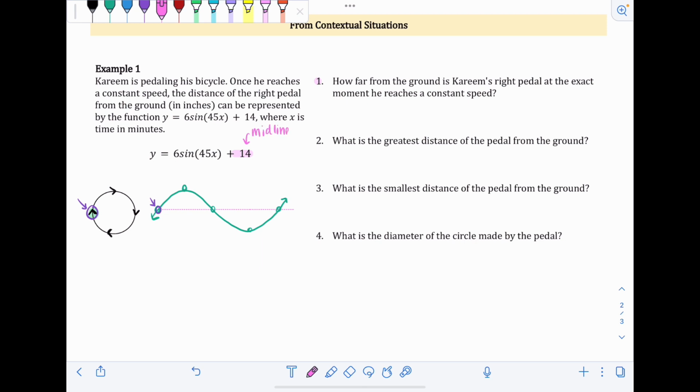Since there's a plus 14 there, this would be y equals 14. And it means that the point that's circled, this guy right here, has a height of 14 because it's on that midline at y equals 14. So for how far from the ground is Kareem's right pedal, you could say 14 inches. And then I'm going to add a little note that that came from the midline, because that point began there and we could find that height from the function.